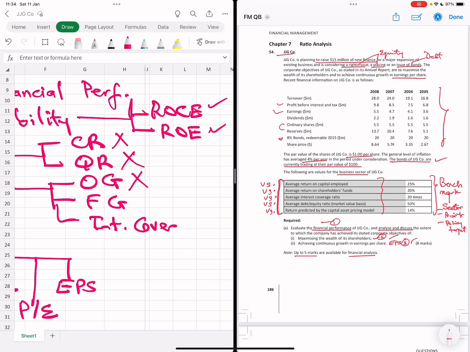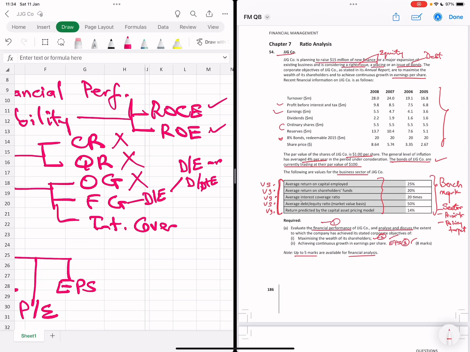Financial gearing is debt equity ratio. Now, I told you for debt equity ratio, there are 2 ways of doing it. It can be simply debt divided by equity, or it can be debt over debt plus equity. Sometimes they tell you directly what to use, but if they are quiet, just check the benchmark, then you will get a clue.